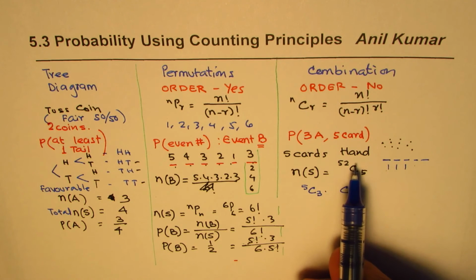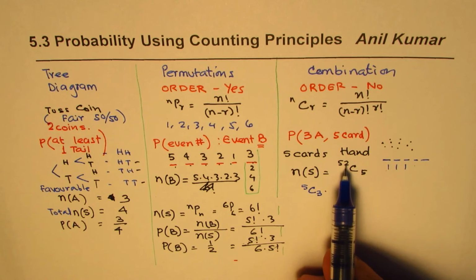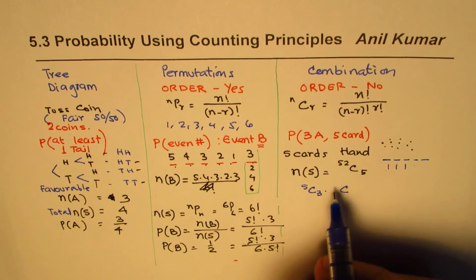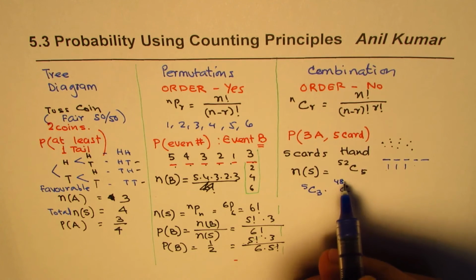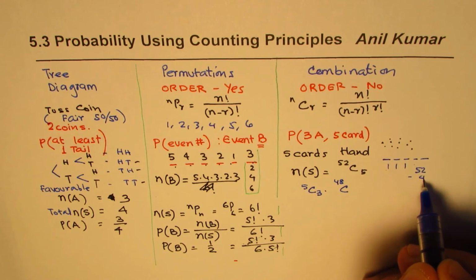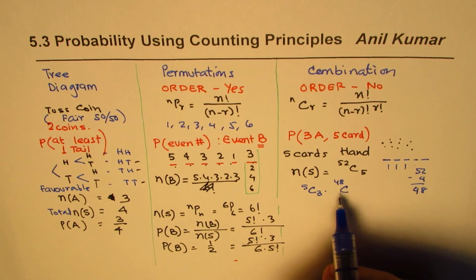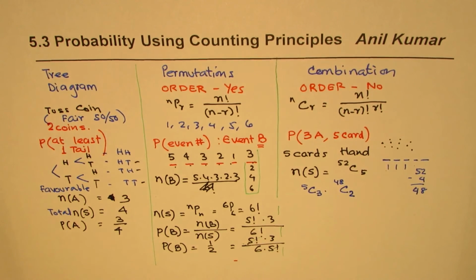The other two come from 52 minus 4, because 4 are aces, correct? We don't want to choose an ace now. So 52 minus 4 is 48. Now we are left with 48 other cards which are not aces. Out of those, we have to choose a combination of 2.